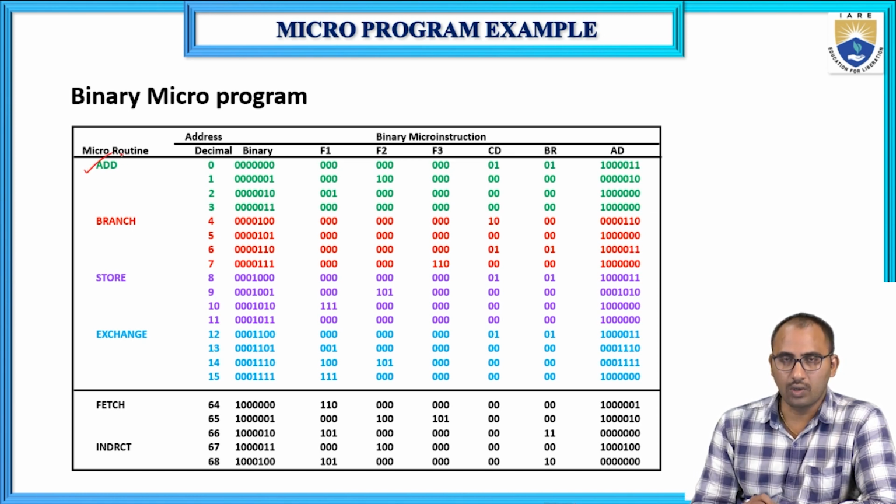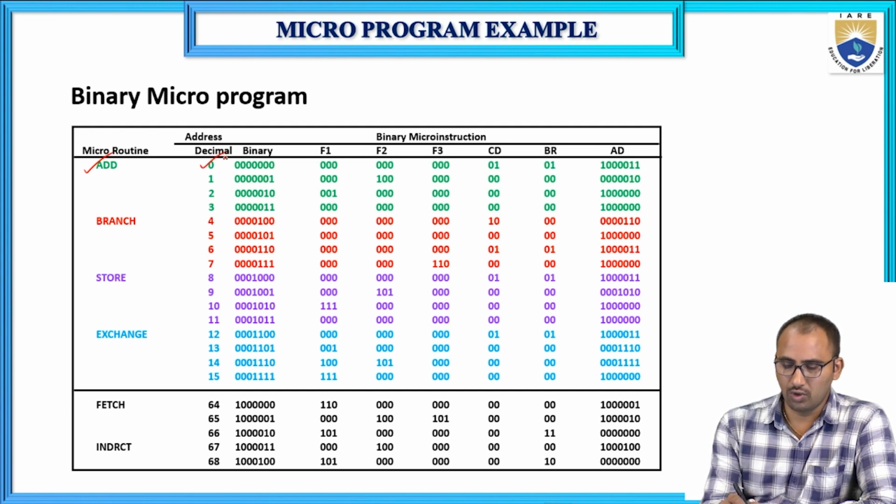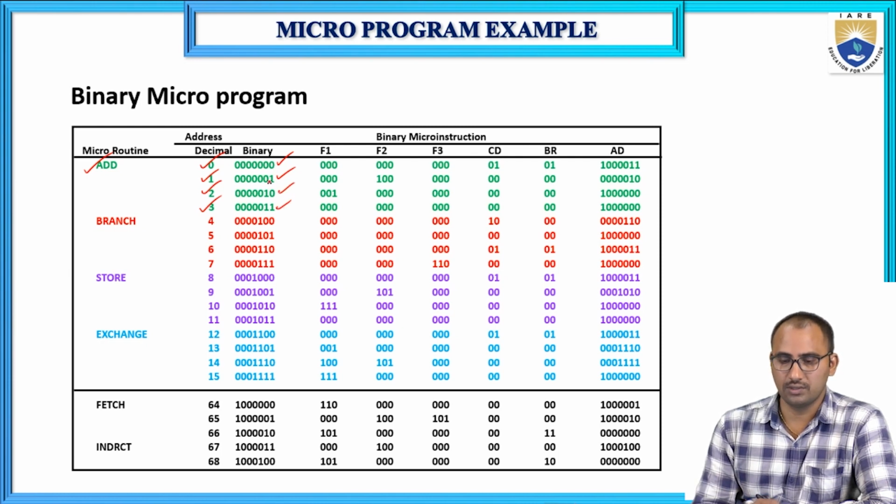Every micro routine takes 4 memory locations: 0, 1, 2, 3. The first memory location is 0, so in binary it will be represented with all zeros. Then 1, 2, 3 are the binary representations.